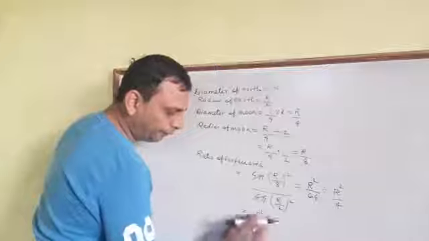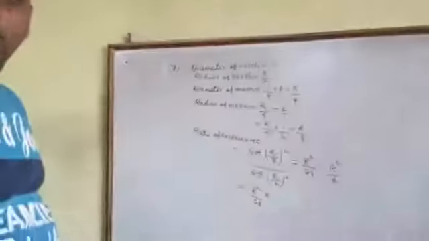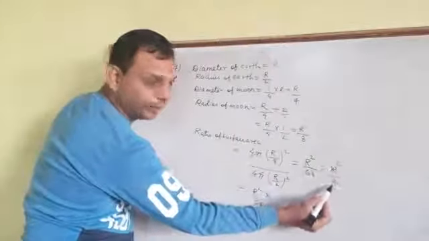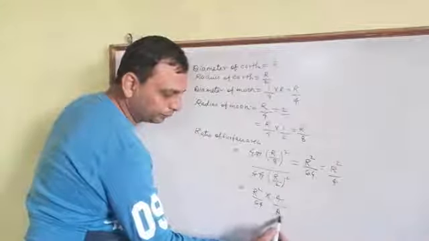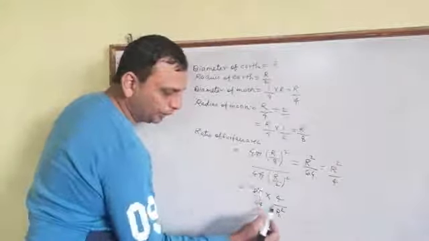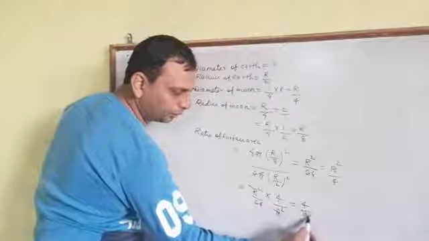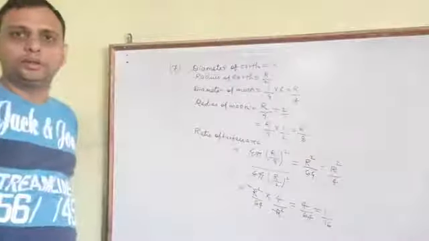When I remove the divide sign, the multiply sign will come. The 4 in r square upon 4 will go up and r square will come down. This r square and r square cancel. 4 upon 64, 4 ones are 4 and 4 sixteens are 64, so 1 upon 16.